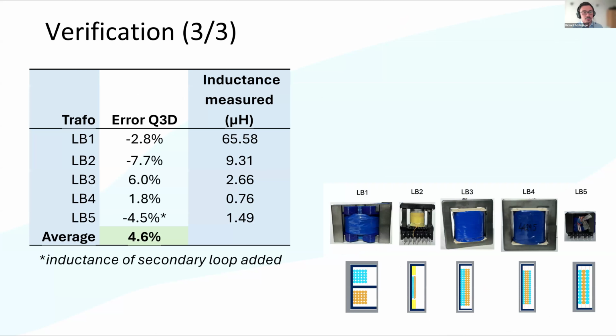The results are given in this table. So for all 5 transformers, we calculated the model error, and the error is below 10% in all of the cases. And we are quite happy with that, because in the end, we will never get to 0% error because of geometrical uncertainties, because of measurement uncertainties, and because we're modeling a 3D geometry with 2D assumptions, and we have some transition regions that we will never capture.